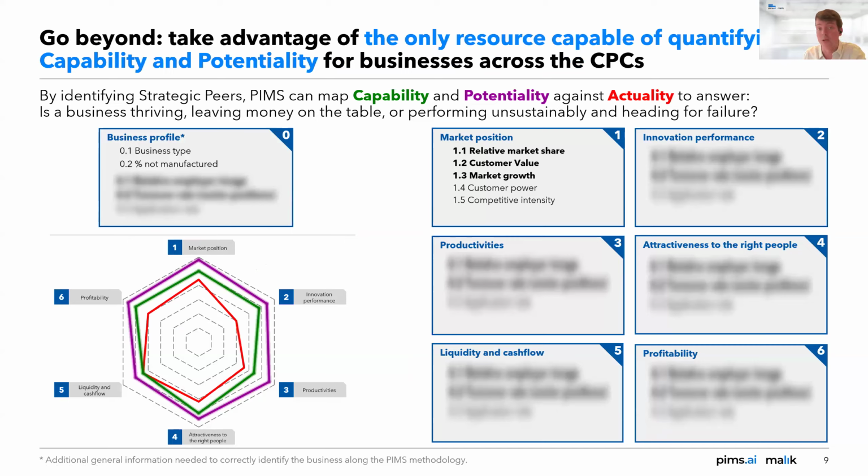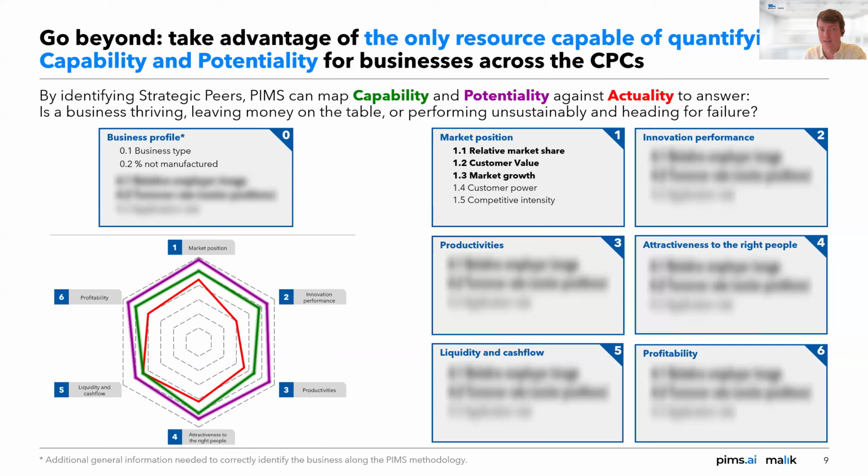And once we've done that, we can use an algorithm to match your business with what we call strategic peers. Those are businesses in our database that have the same strategic position, same structural features. We tend to call those lookalike businesses.